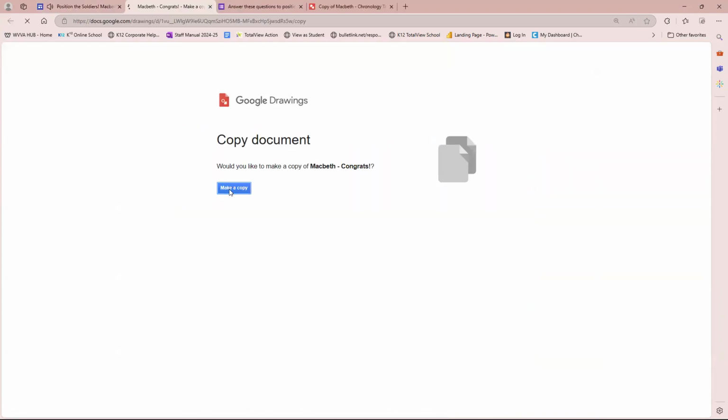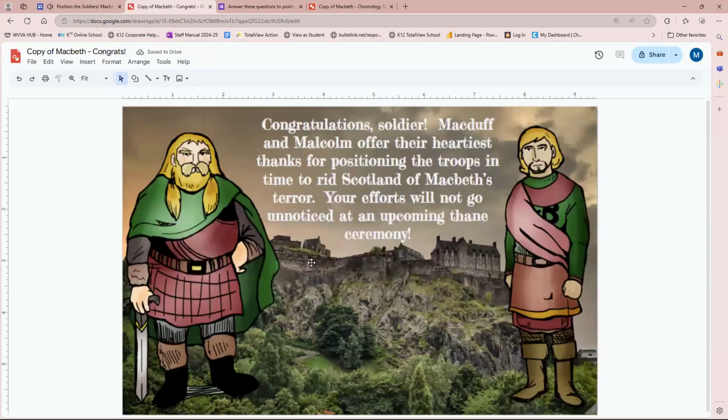You're going to make a copy of this. Congratulations, soldier. Macduff and Malcolm offer their heartiest thanks for positioning the troops in time to rid Scotland of Macbeth's terror. Your efforts will not go unnoticed at an upcoming Thane ceremony.